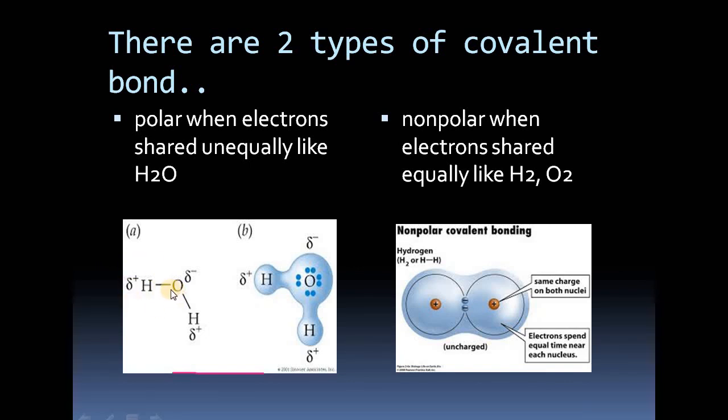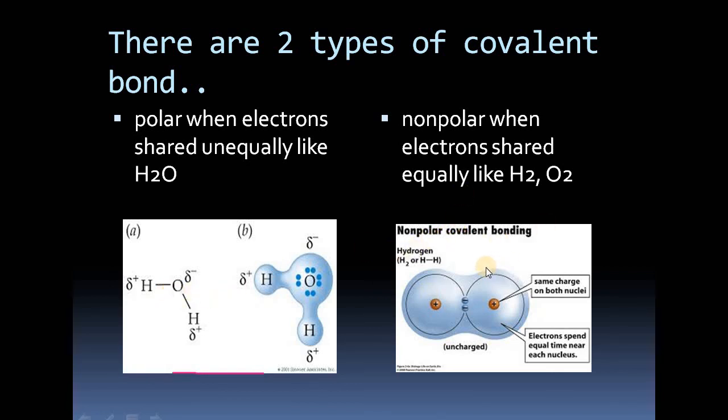The pair of electrons moves toward the oxygen atom because it is more electronegative, and the hydrogen atom tends to lose its electron. That's why the pair of electrons comes a little bit toward the oxygen atom.